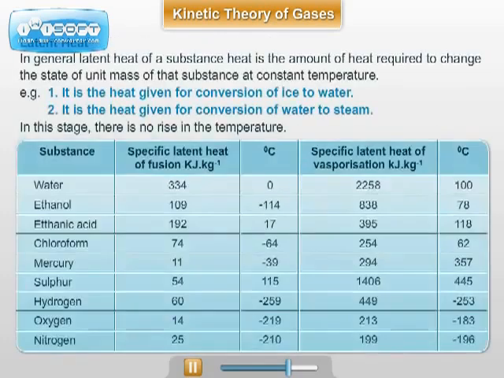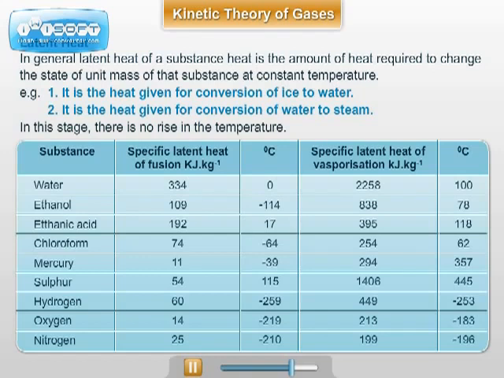Latent heat. In general, latent heat L of a substance is defined as the amount of heat required to change the state of unit mass of that substance at constant temperature.